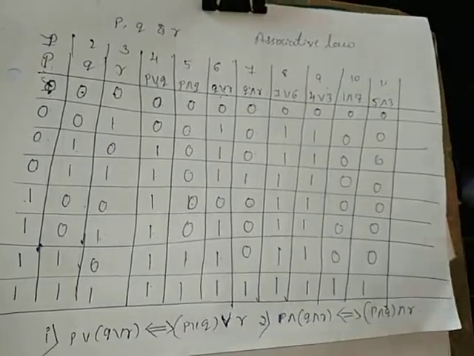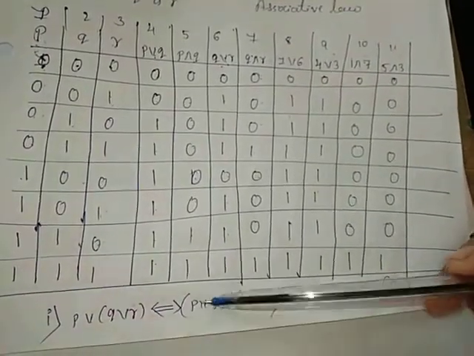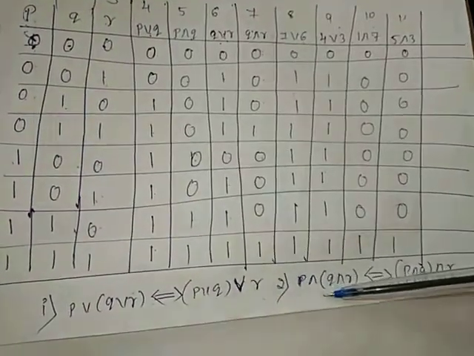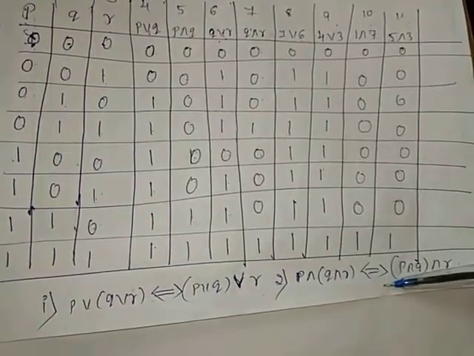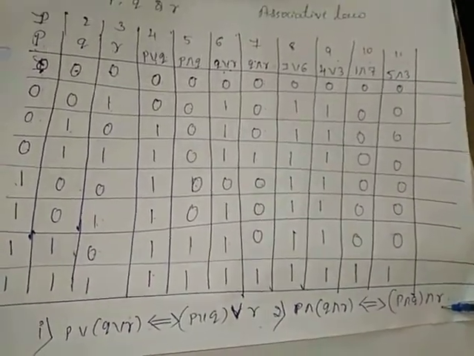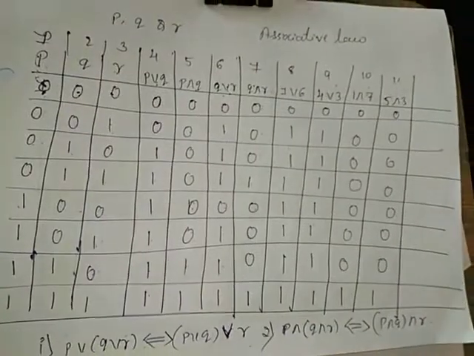Associative law states that P or (Q or R) is equivalent to (P or Q) or R. Similarly, P and (Q and R) is equivalent to (P and Q) and R. That is the associative law.